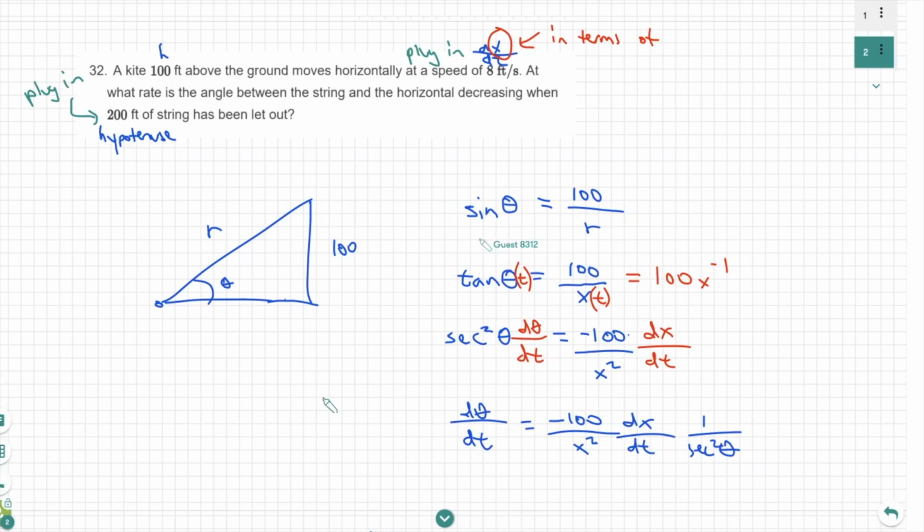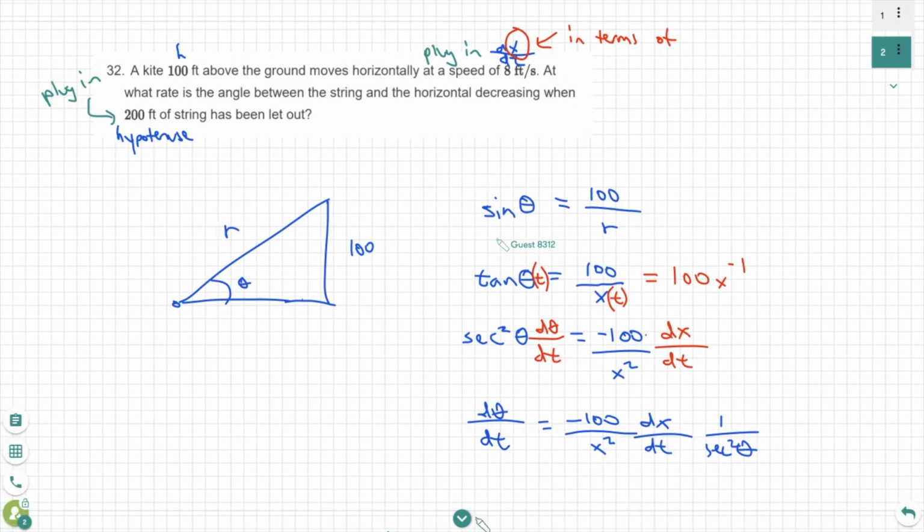Shoot, is it cosine squared theta? That's one over secant squared theta. Yeah, same thing, right? Reciprocal of reciprocal is the original. Okay. Oh, I see where this is going now, I think.